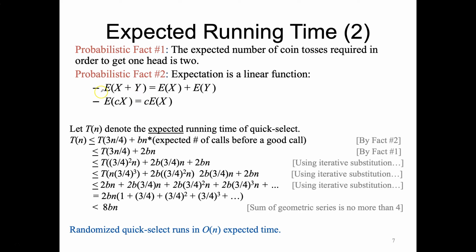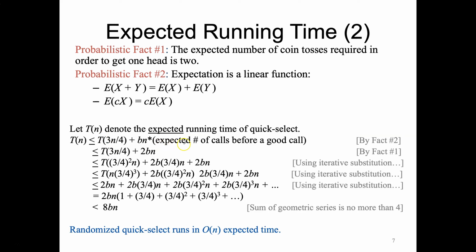We're going to use this because we're going to take the expected running time. Our running time here, we're using T of n to denote this, is the expected running time of quickselect. We can represent this recursively because we make a recursive call to either L or G, but this is no more than the running time by the time we pick a good call.